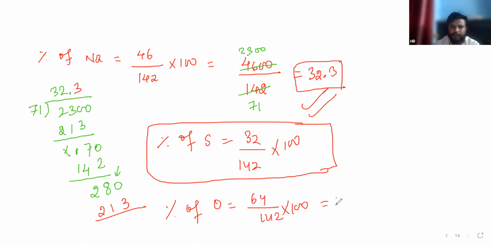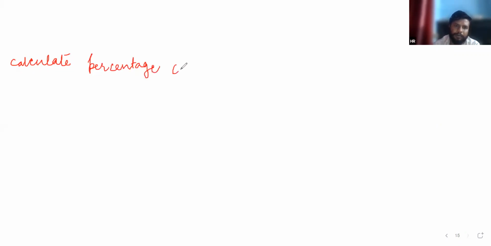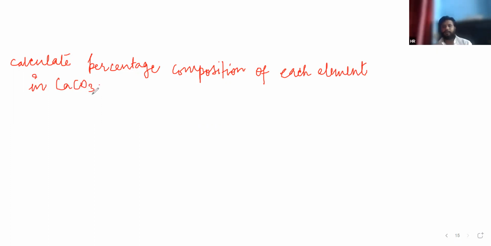It will be something like 45.07%. Okay, very good. I'm changing the slide. Calculate the percentage composition of each element in CaCO3, calcium carbonate.